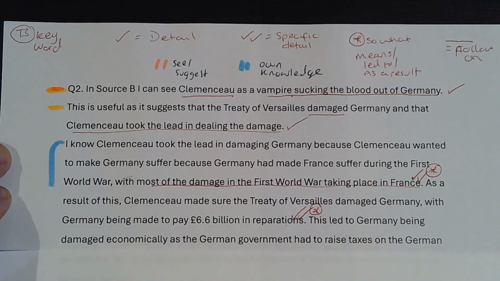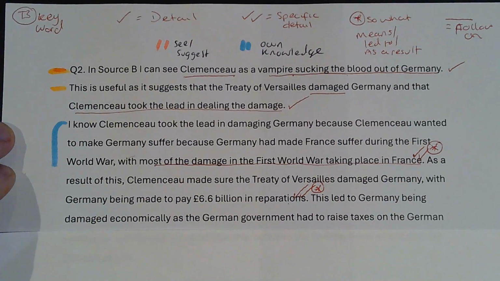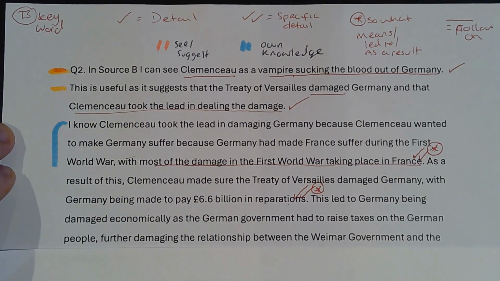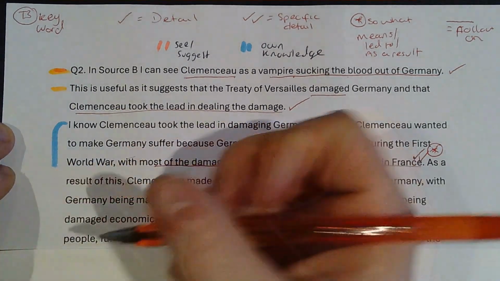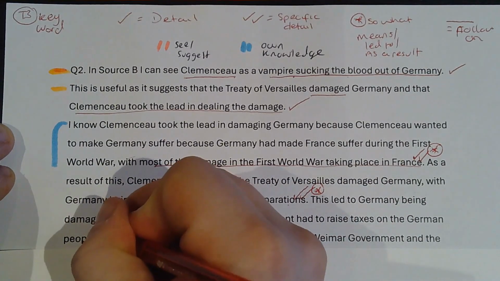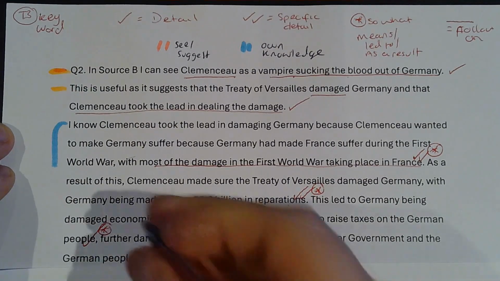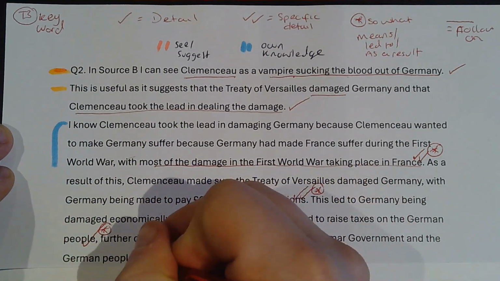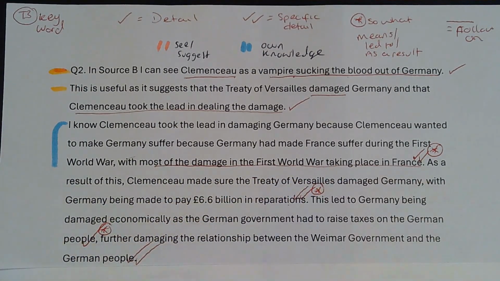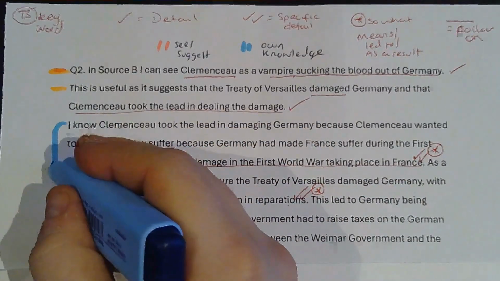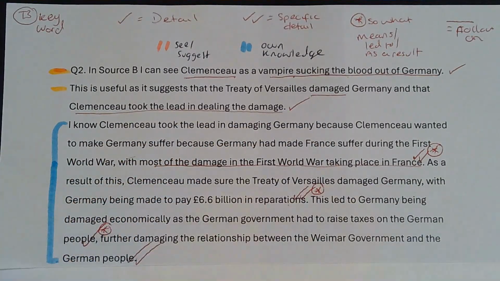Well, this led to Germany being damaged economically as the German government had to raise taxes on German people. Absolutely. But so what? So what if they raised taxes on the German people, further damaging the relationship between the Weimar government and the German people? Now, if you did this, just one paragraph like this would get you 6 out of 12 marks.